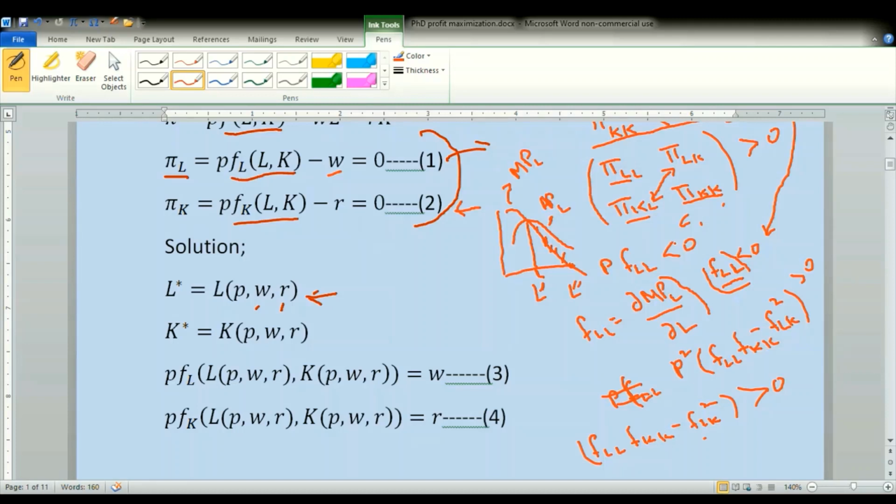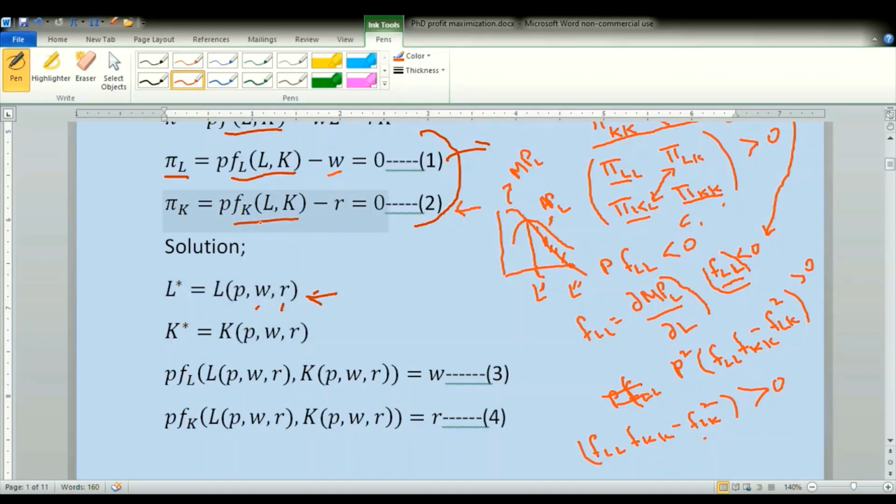So these conditions must be satisfied around the profit maximizing employment of labor and capital, and if they are satisfied, then at any given price vector, whatever is the price of output, whatever are the prices of labor and capital, whenever we plug those prices into these functions, we will be able to get the long run profit maximizing employment of these factors of production, labor and capital.